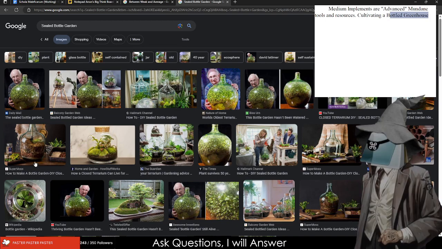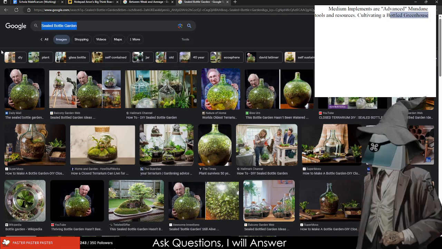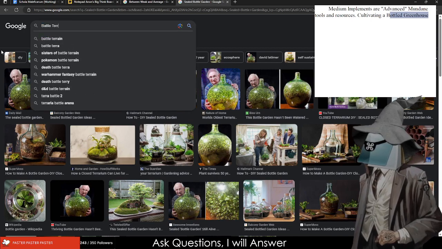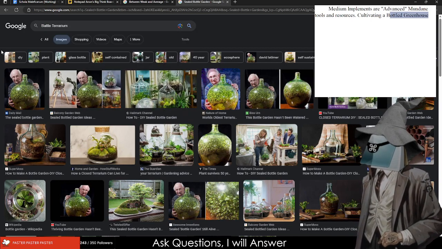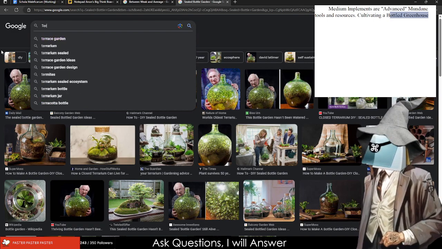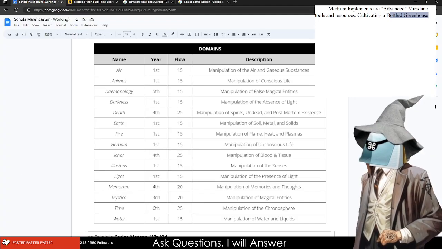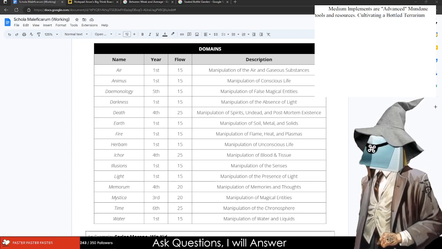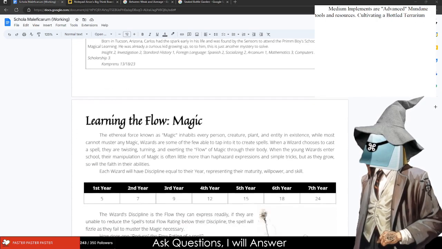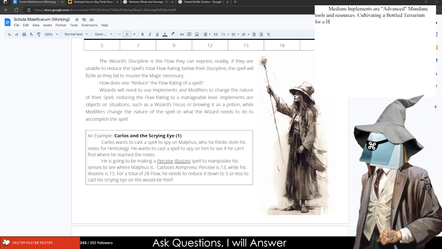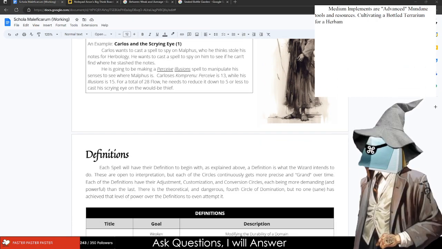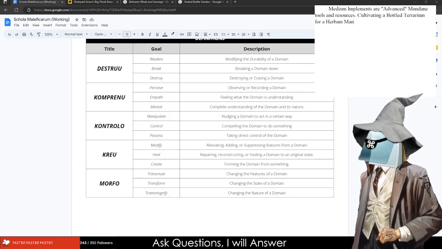That's what it is. Bottle terrariums. Cultivating a bottle terrarium for an herbum manipulation spell.